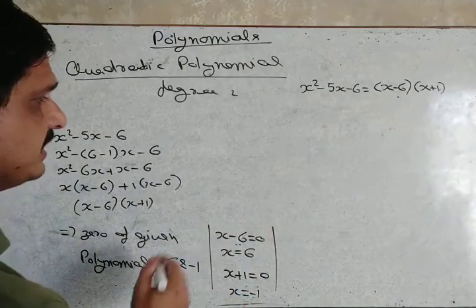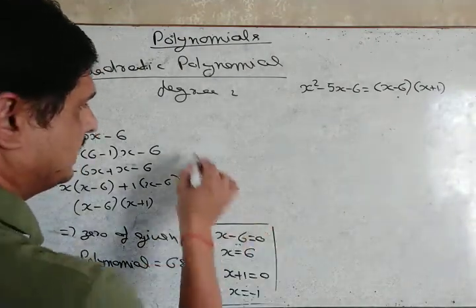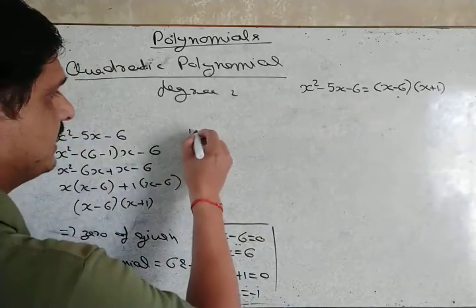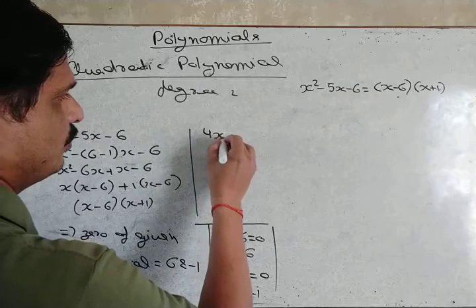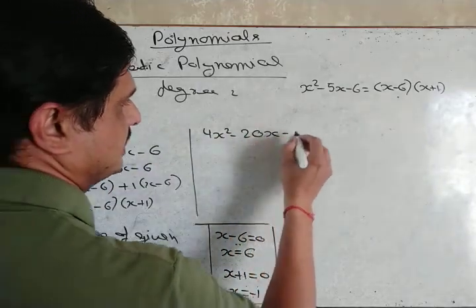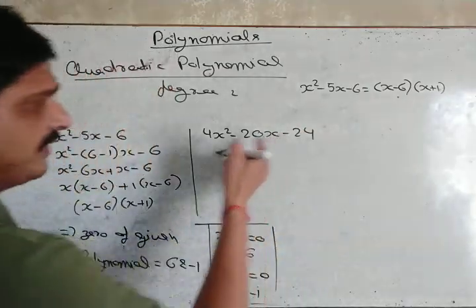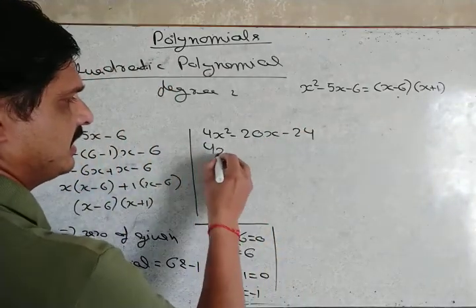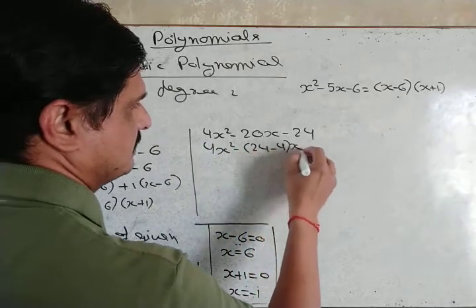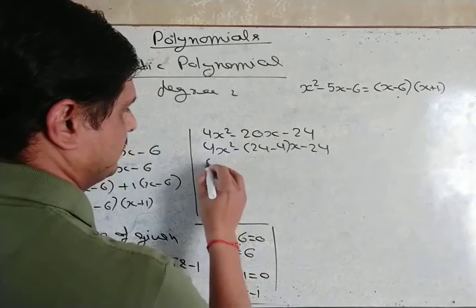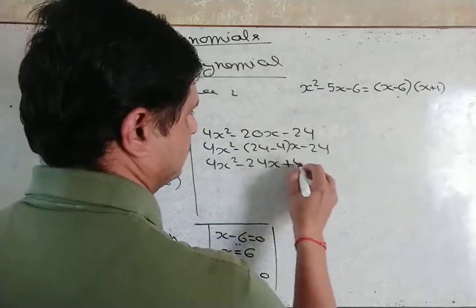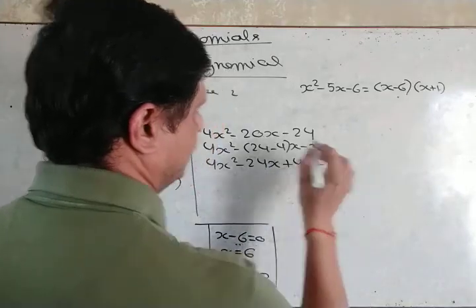Now if we consider another polynomial like 4x square minus 20x minus 24, and find the zeros of this equation, we split it as 4x square minus 24x plus 4x minus 24.